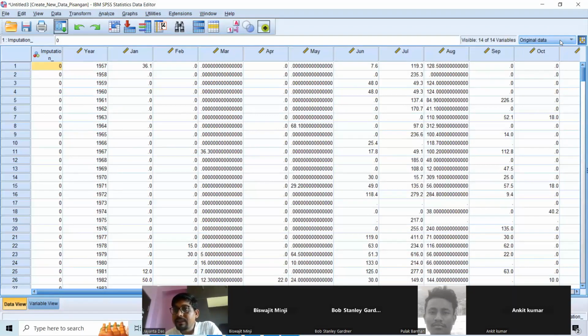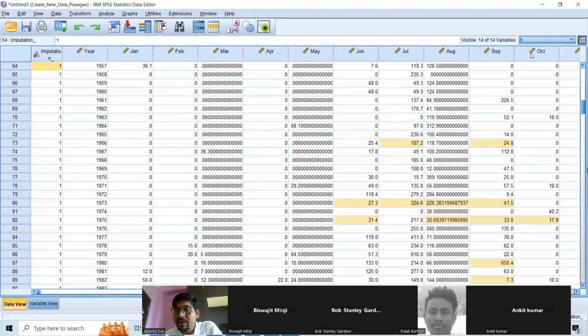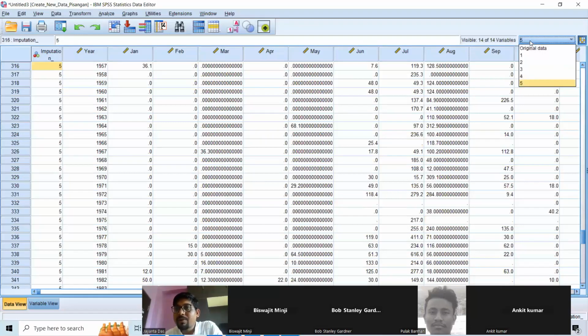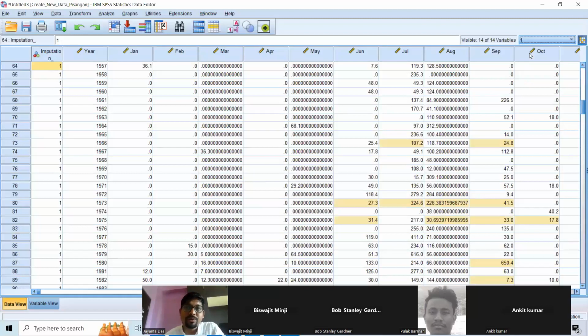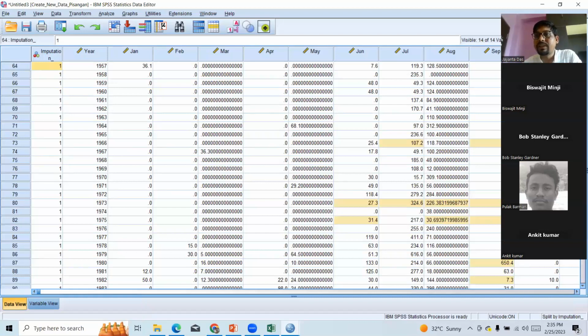If you change it to iteration 1, you can see the already calculated missing data. In case of iteration 2, it is defined. In case of iteration 3, definitely it will be defined. 4, definitely defined. 5, it is also defined. Now, what do you want? Which iteration will you use for your time series data analysis?